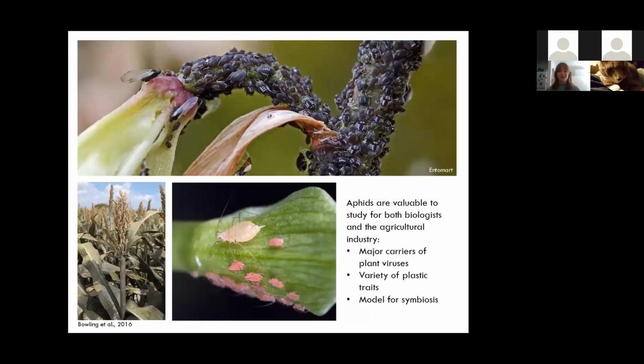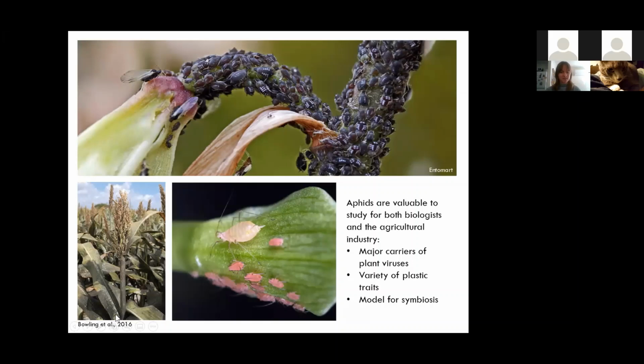Just to dive into my insect, I work with aphids, which people commonly know as major agricultural pests, but they are valuable to study for both biologists and the agricultural industry. The reason they are major agricultural pests is that they carry a lot of plant viruses. You can see here a sorghum plant that has undergone an aphid infestation.